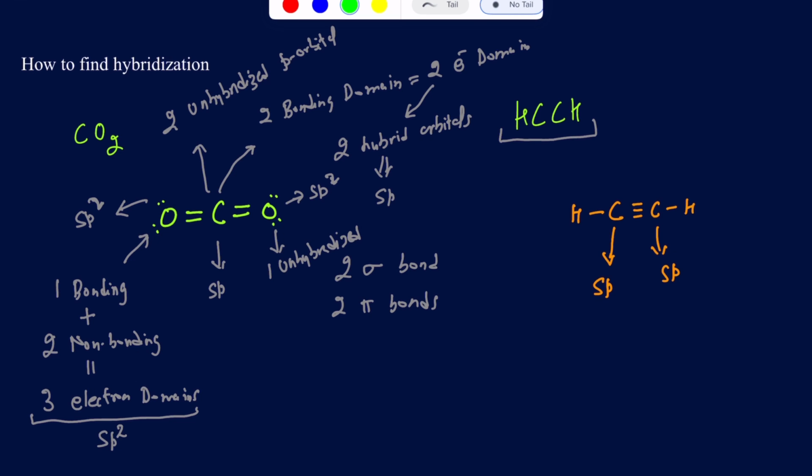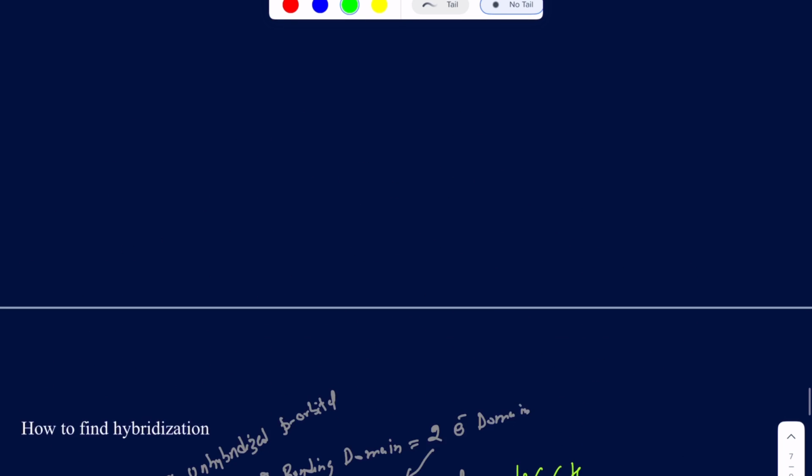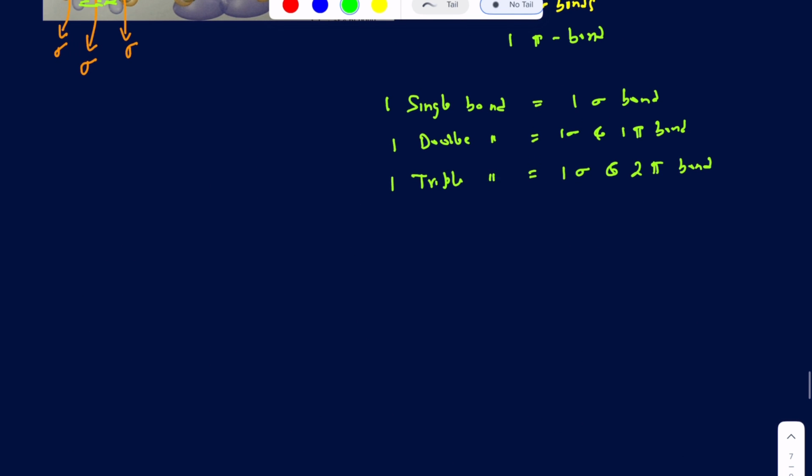That means you have two unhybridized p orbitals on this right carbon, and two unhybridized p orbitals on this left carbon, and those unhybridized p orbitals will overlap with one another to make a set of two pi bonds. Because remember, in a triple bond you have only one sigma, but then you've got two pi bonds in there.